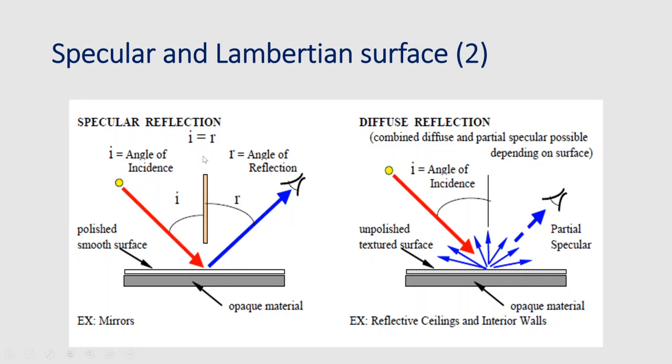So if from the satellite we are acquiring data over specular surfaces, there is the risk that the sensor is not recording anything, just because the reflection is divergent from the position of the satellite. Why?